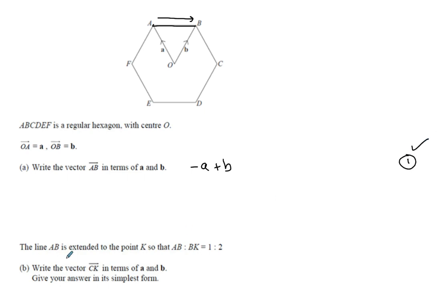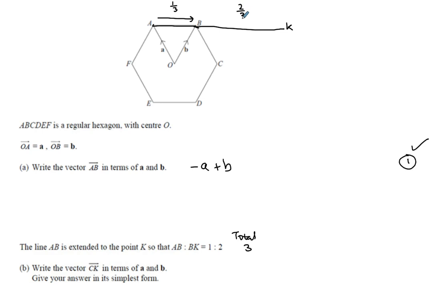Feels good. The line AB is extended to the point K such that AB to BK is 1 to 2. So we know that one's going to be longer. Try drawing straight. And that's K. And 1 to 2, so total is 3. So that's 1/3, and that's 2/3.